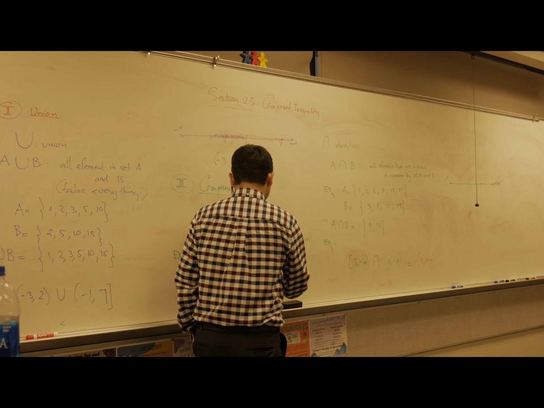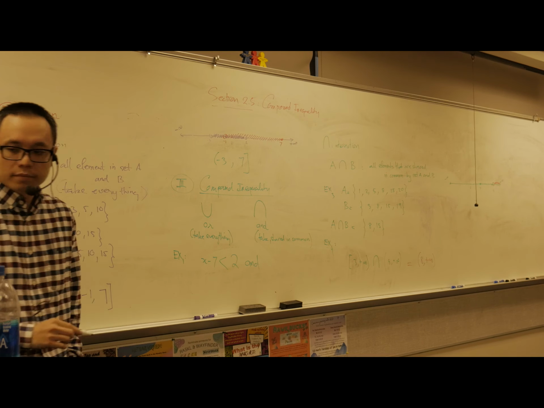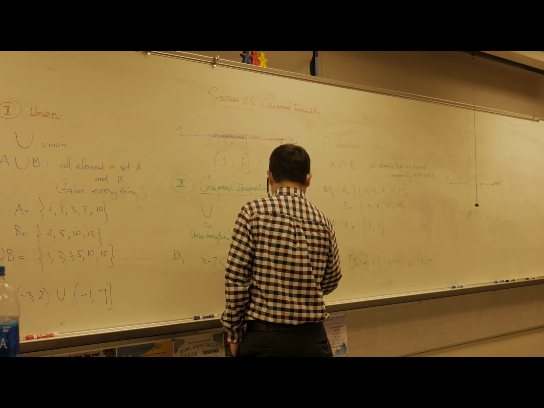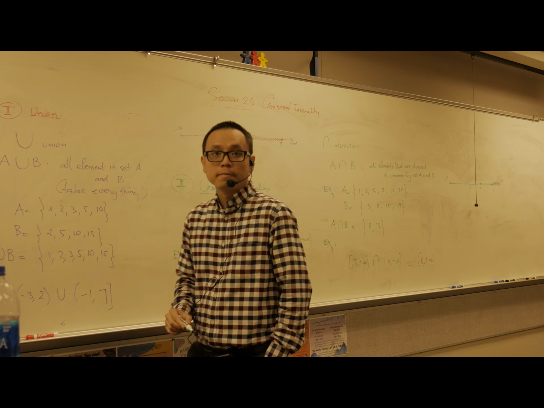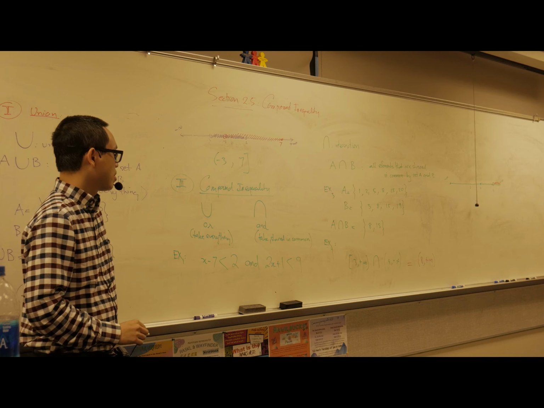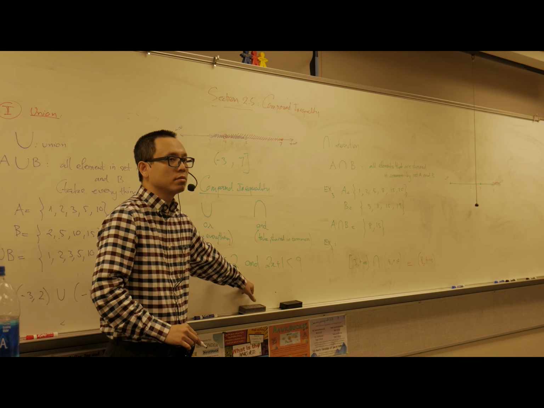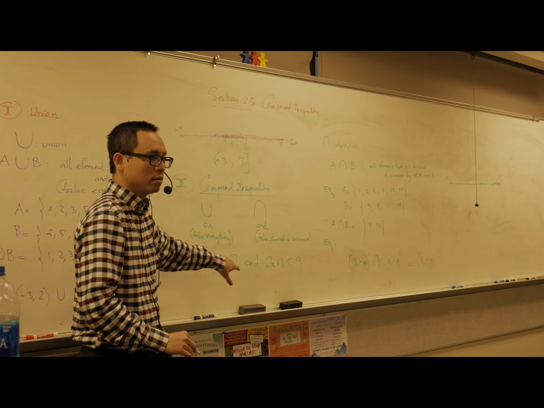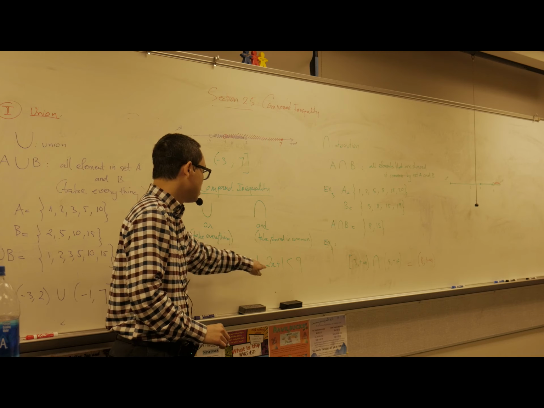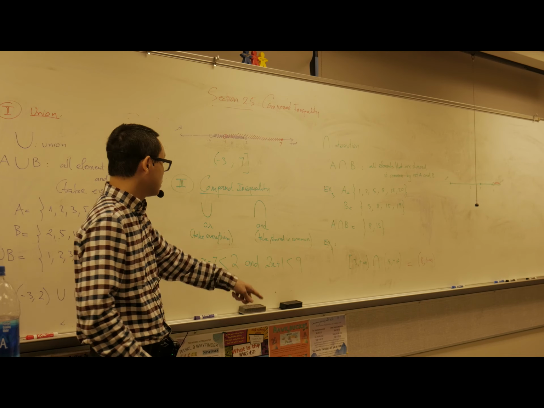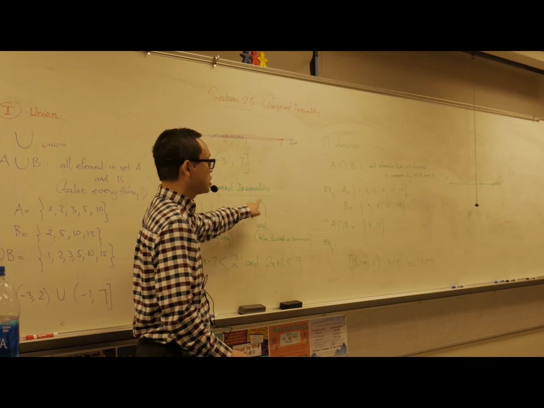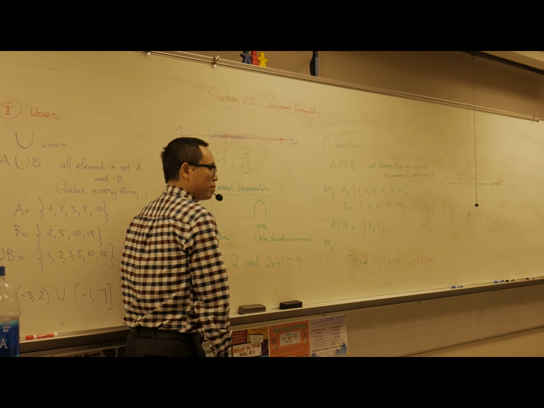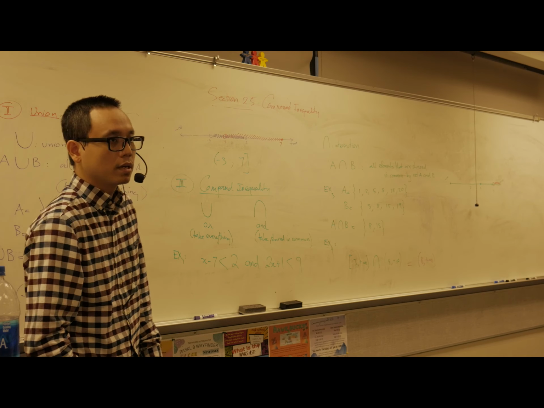So this is the question: 2x plus 1 less than 9. This is called a compound inequality because we have two inequalities combined by and. Sometimes they use the intersection symbol instead of and, but it has the same meaning.